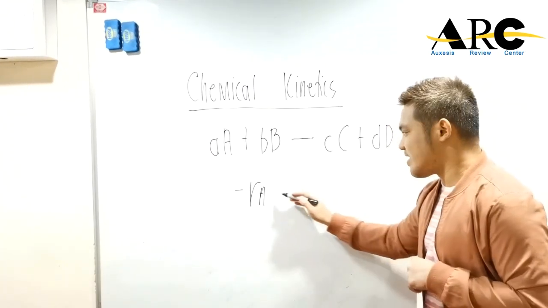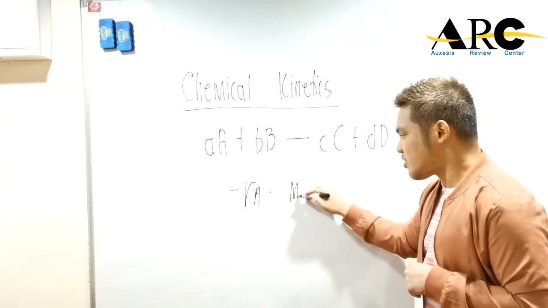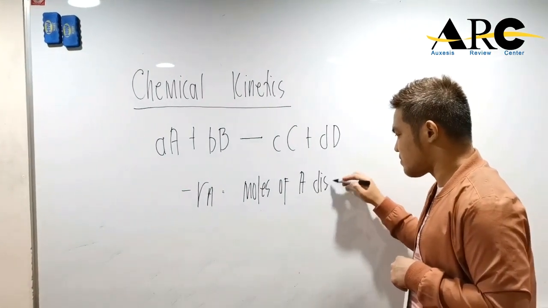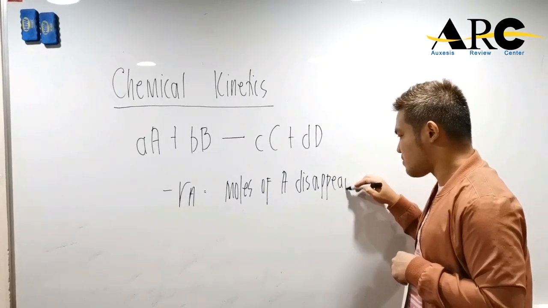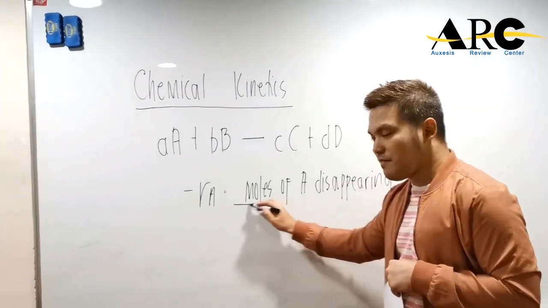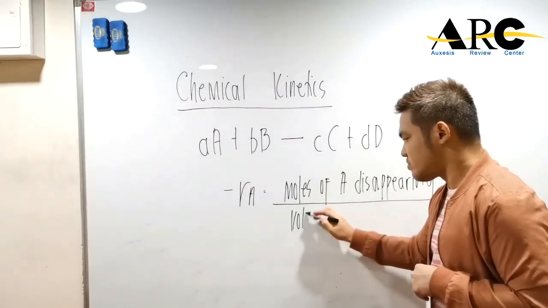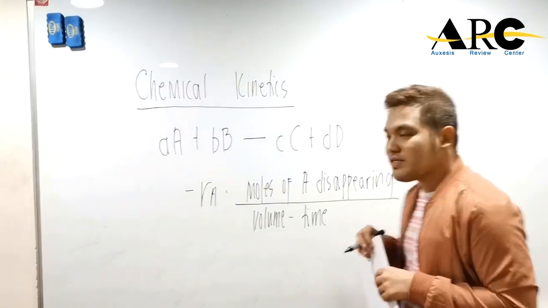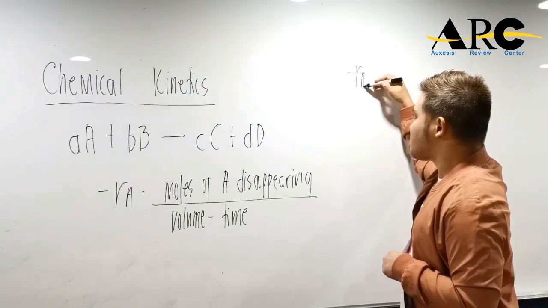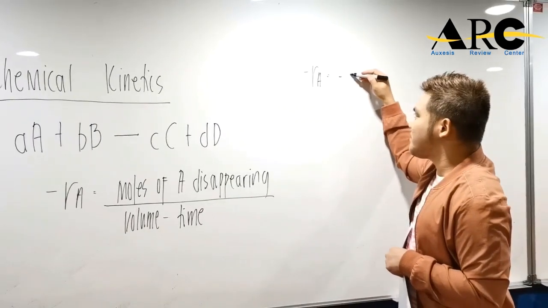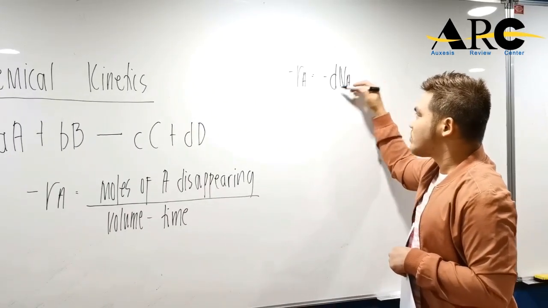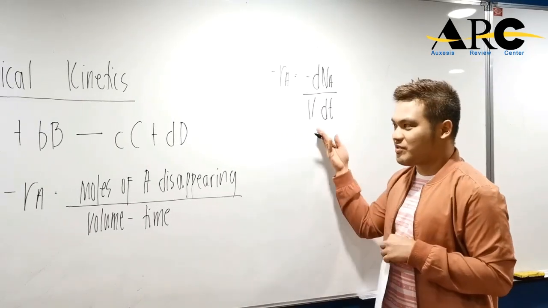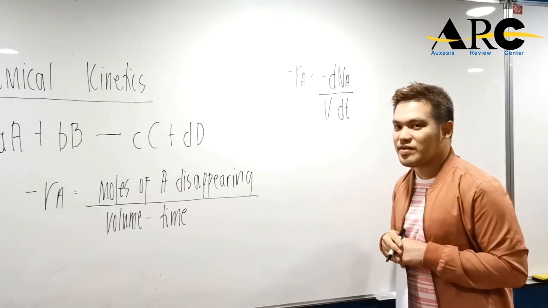Kapag sinabi natin negative RA, ito yung moles of A disappearing over volume over time. That's why negative RA is equal to negative dNA over V dt. Ganito natin ina-express yung rate equation natin.